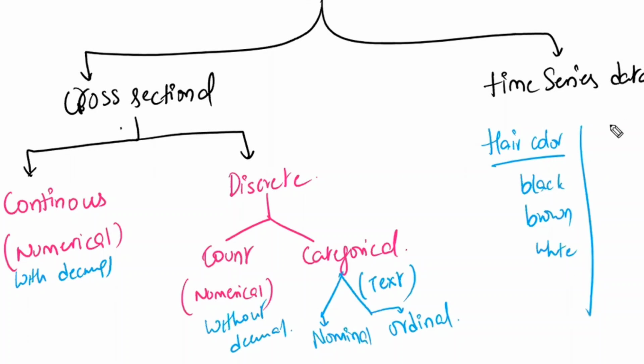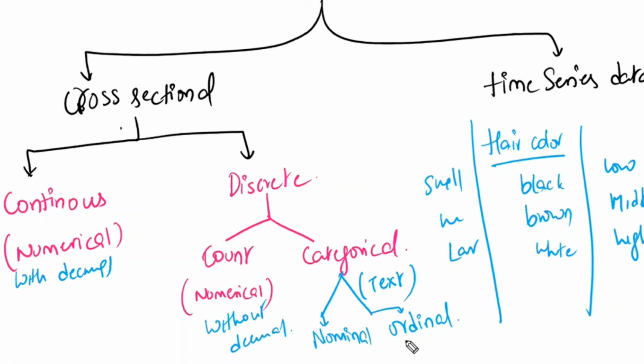Whereas with low class, middle class, high class, or small size, medium size, large size, that is fixed. Everyone knows small is low compared to medium, and medium is less than large. So there is an order between them.